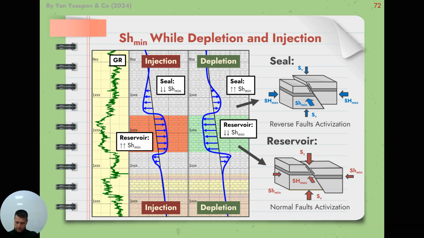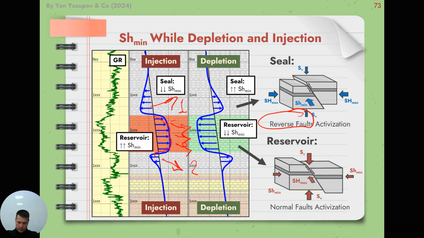Please note that after injection in the reservoir, the minimum horizontal stress also increases, but in adjacent rocks, the adjacent seal, we observe a decrease of SHmin, which can lead to normal faults in the seal and reverse fault activation in the reservoir.